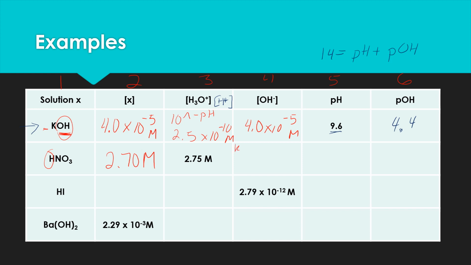Remember that Kw, the equilibrium constant of water, is equal to our hydrogen ion concentration times our hydroxide, and Kw itself is 1 times 10 to the negative 14th.